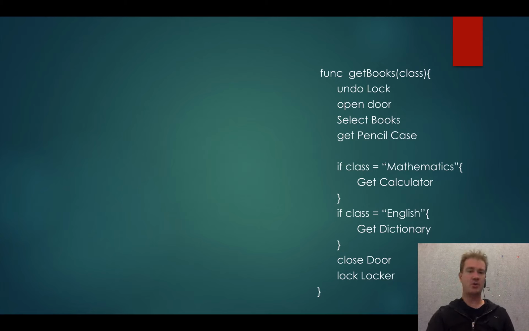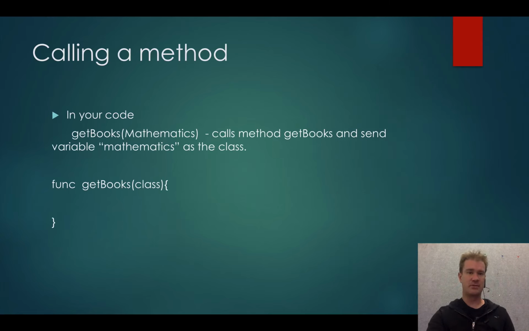So how might you call a method like this? In your code, you're going to have something like getBooks, brackets, mathematics. This calls the method getBooks and sends the variable, in this case it's a string, called mathematics as the class. So when this function is called getBooks, class is now equal to mathematics.